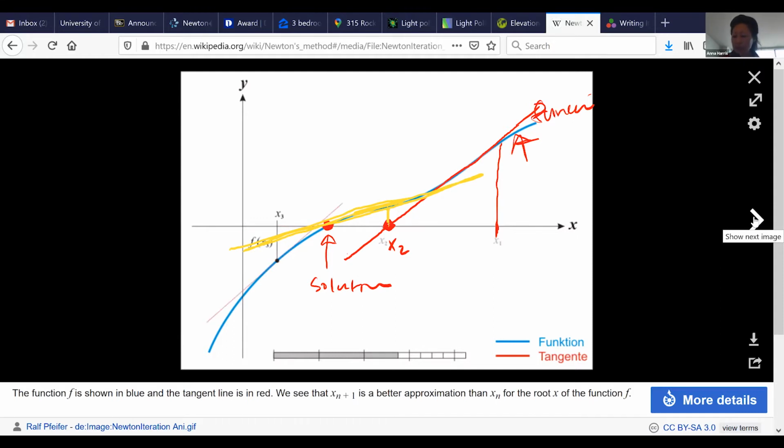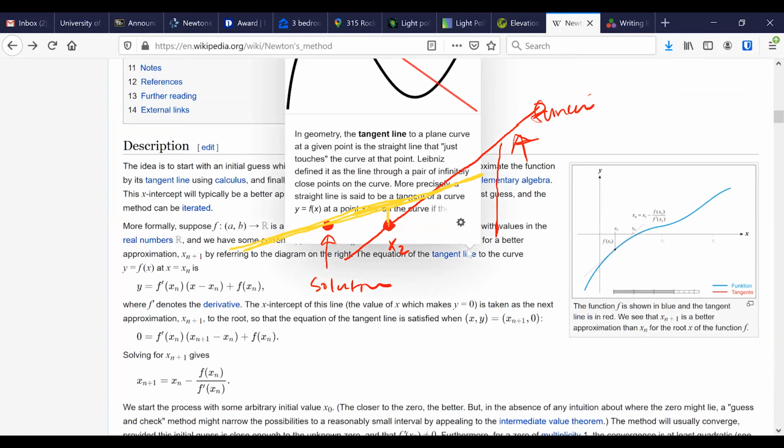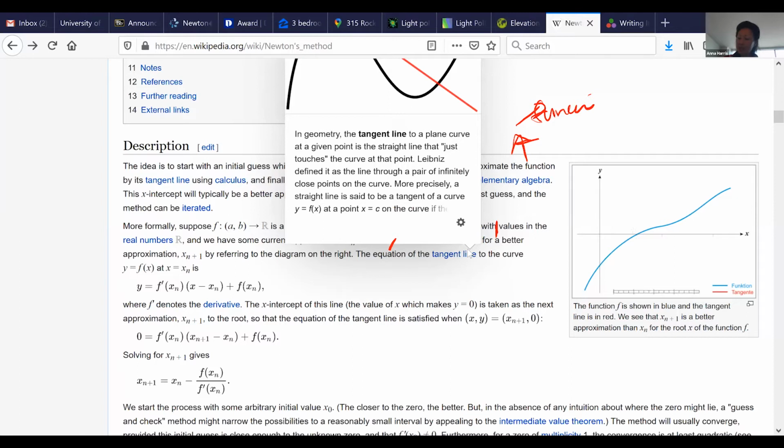What I can do, actually, is draw a new one. Let me stop this. Let me explain. So for Newton's method, let me share this screen.